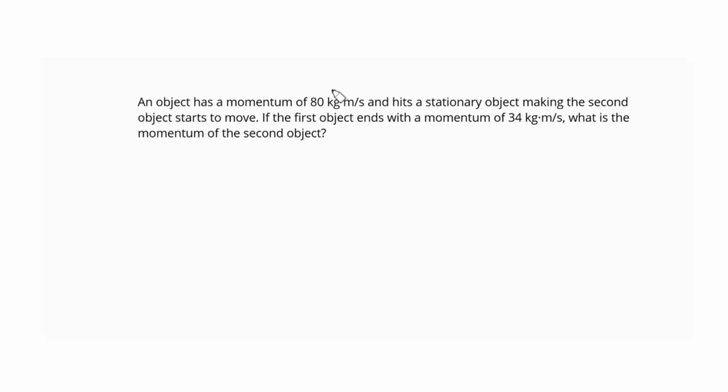Now, if you simply remember that whatever he loses must be gained by the second object, so if he had 80 and he's left with 34, then if I subtract 80 minus 34, I get 46 kg m/s. So he must have given 46 kg m/s to the second object. That must be the momentum of the second object.